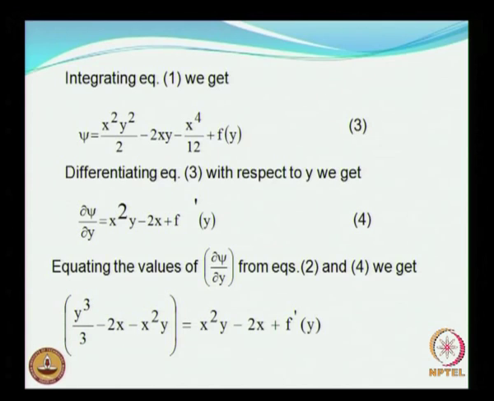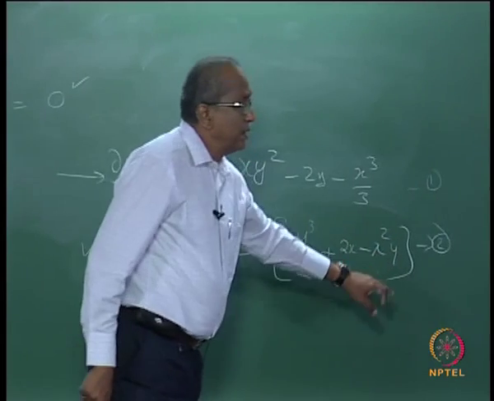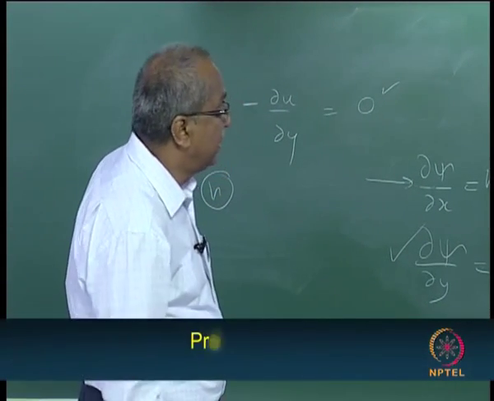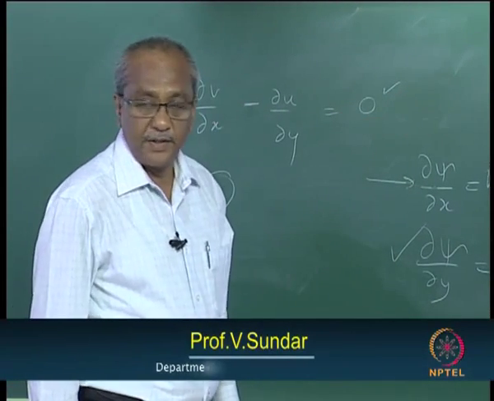Then differentiating equation 3, if you differentiate equation 3 with respect to y, then you get dou psi by dou y equal to this much. You just simply differentiate this, but this we have already got here. So you equate equation 2 and this equation 4, so that you get an expression for f dash y.